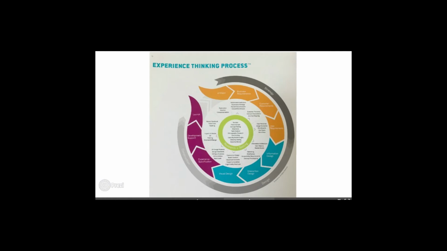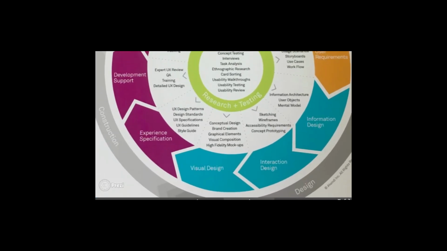As you can see, if you start looking at the different parts of it, it actually does map to Garrett's layers, or figurative layers. But it does have an additional piece. So these are the ones that map, though. We're looking at the design and the construction, information, interaction, visual, and then into the development aspects.